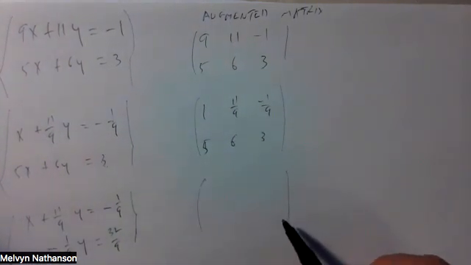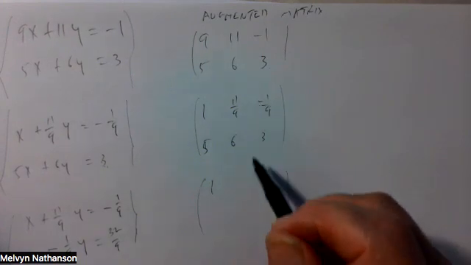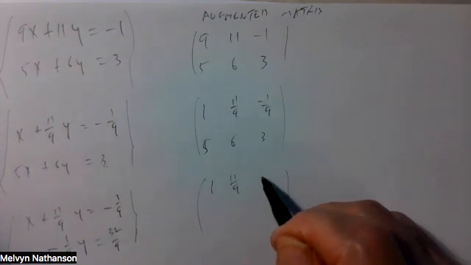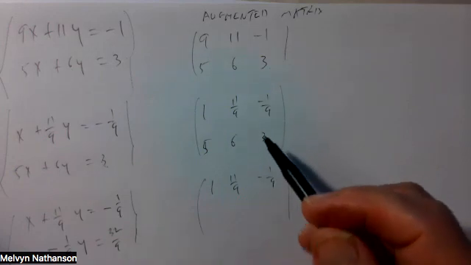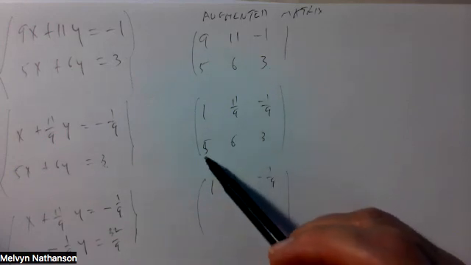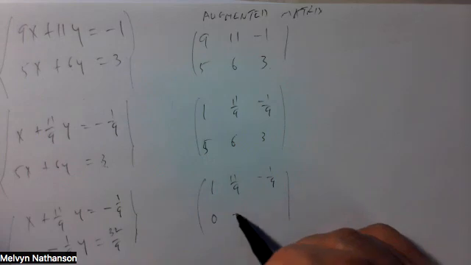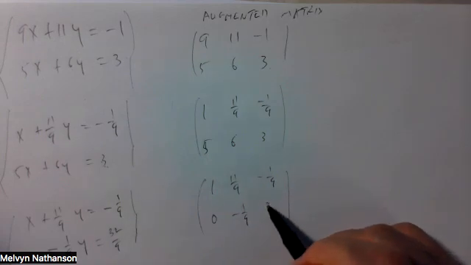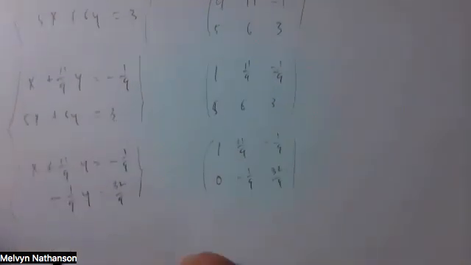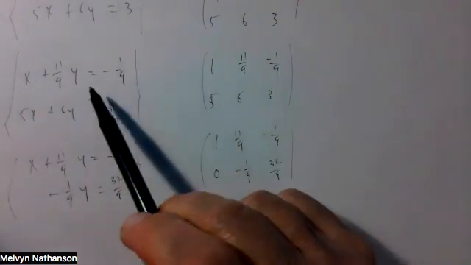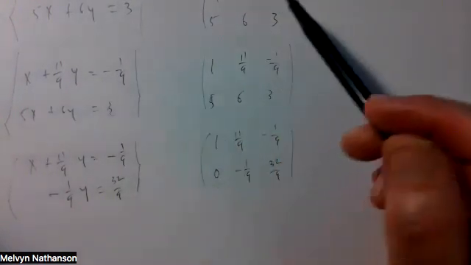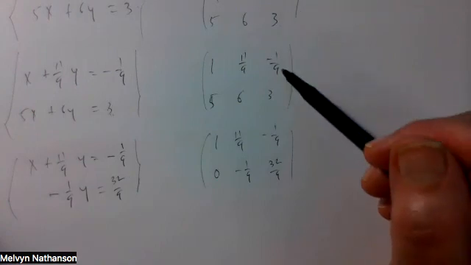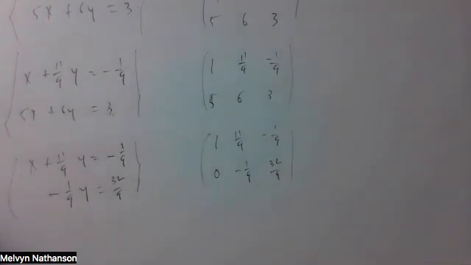And in terms of my system of equations, or the augmented matrix, the first row doesn't change. And I added minus 5 times the first row to the second row, and I get 0, minus a ninth, 32 over 9. So here I'm performing elementary operations on the equations. Here I'm applying elementary operations on the rows of the matrix.